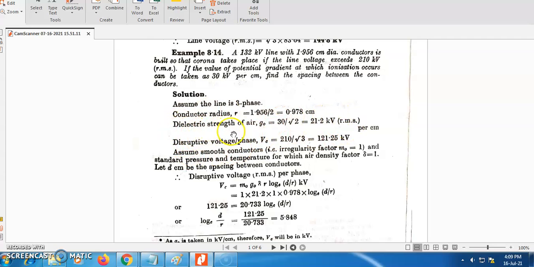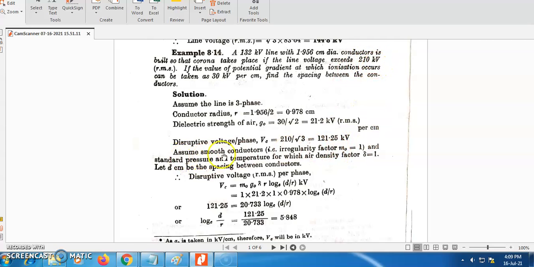What was the dielectric strength of the air at normal temperature and mercury pressure, and I will give this as an answer, right? So disruptive voltage per phase Vc is equal to 210 by √3, which is this much voltage. So this 210 is the RMS quantity.